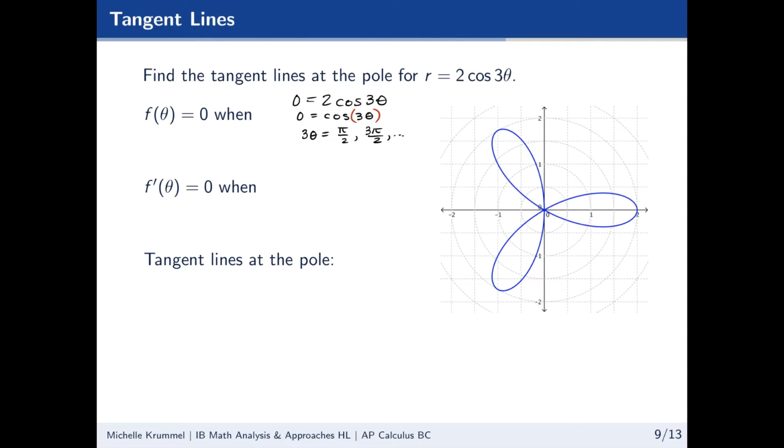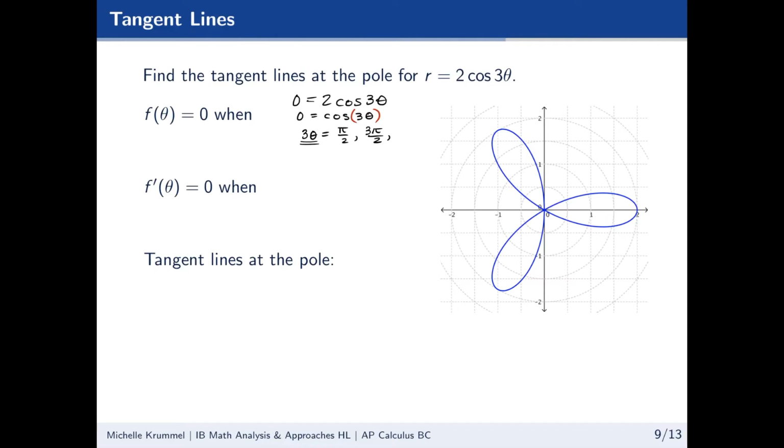Now I actually do need to list more than just these two, because 3 theta is changing the period of my cosine function. So I'm expecting, instead of just 2 solutions, 6 solutions. So I'm going to list out 6 solutions here, and some of them may end up being repeat solutions, which is okay, and we can ignore them.